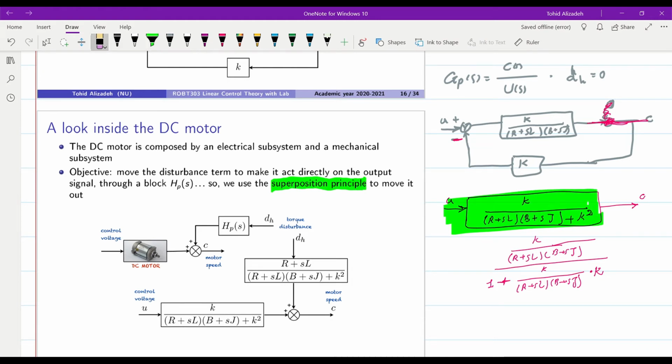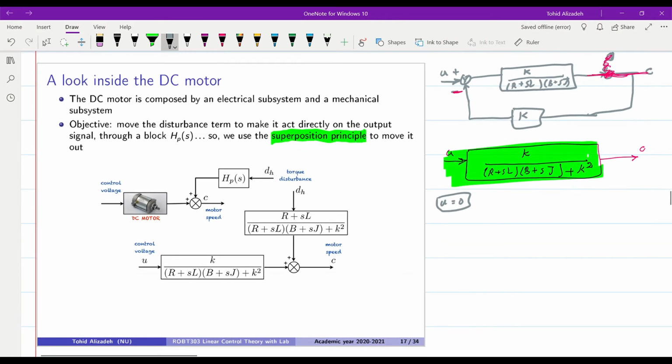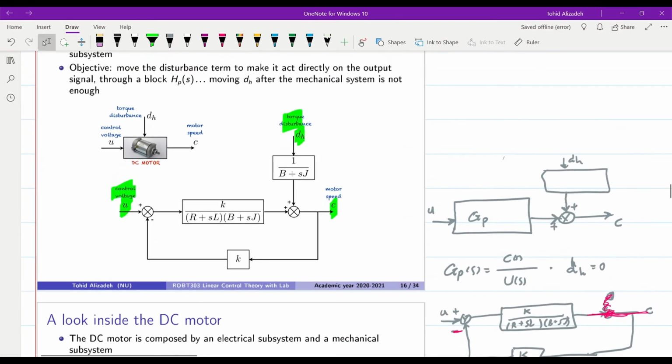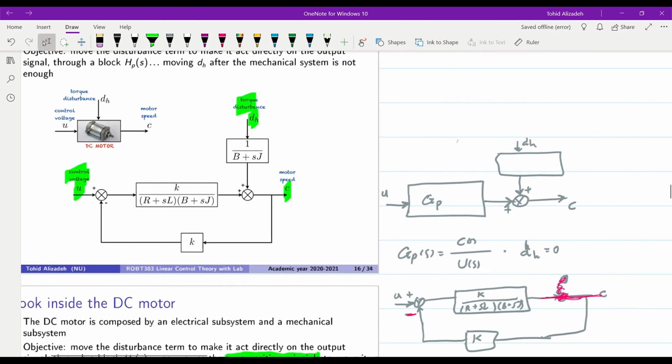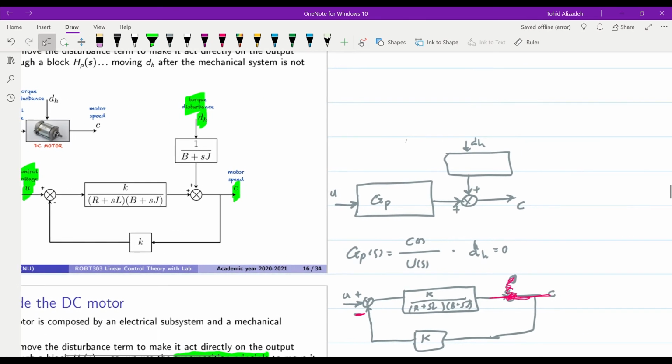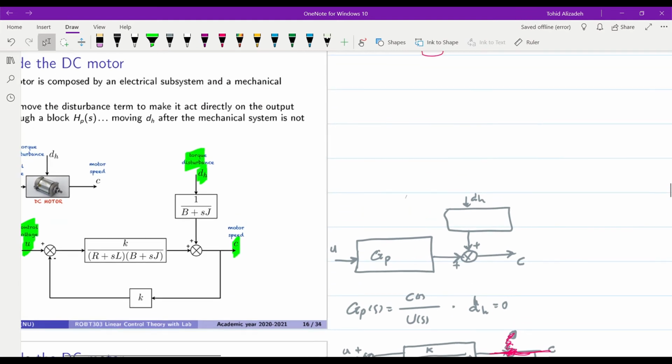Alright, then we also want to consider or to obtain the transfer function from disturbance to the output. To do that, we just set U as 0, and therefore the block diagram system that we have will be in this form. If I refer to what we have here, let me first maybe draw it here.